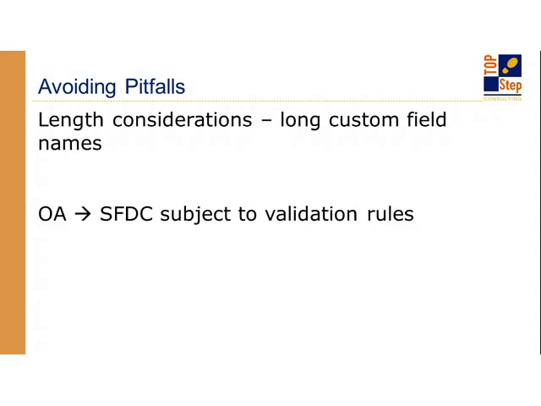OpenAir is subject to Salesforce validation rules when it's pushing data from projects in OpenAir to Salesforce. The reason I bring this up is because you may set up your integration, it works fine, no problem. Down the road, you create a validation rule on an opportunity.